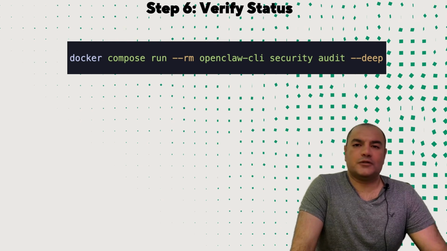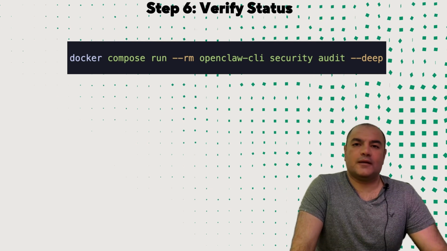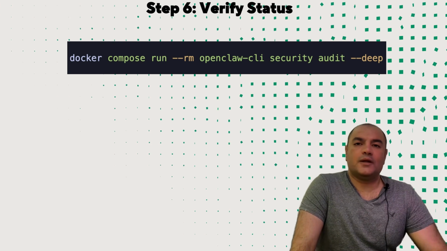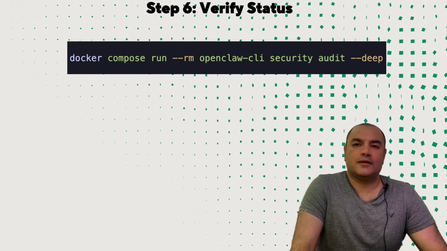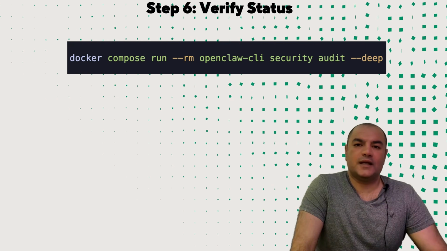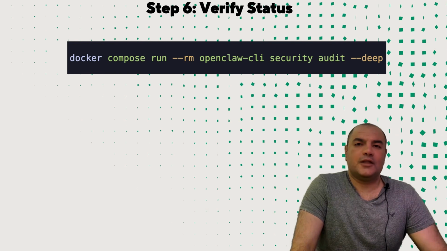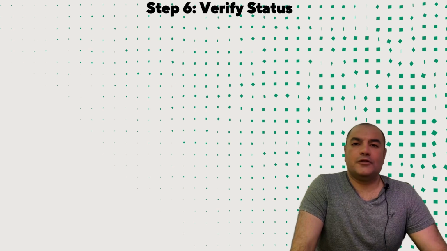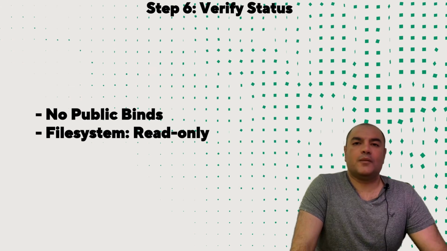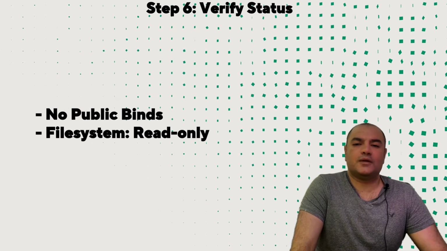OpenClaw just released a built-in security auditor. Let's run it to prove our lockdown is working. Type this into terminal: docker-compose run --rm openclaw-cli security audit --deep. You want to see green checks for no public binds, file system read-only.